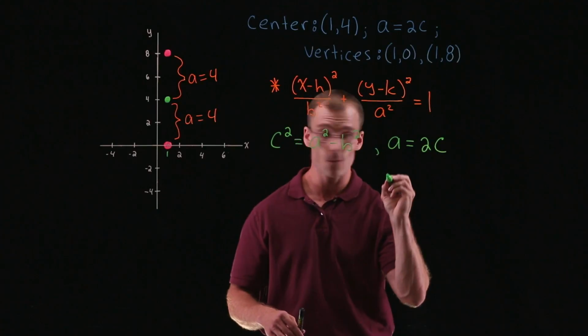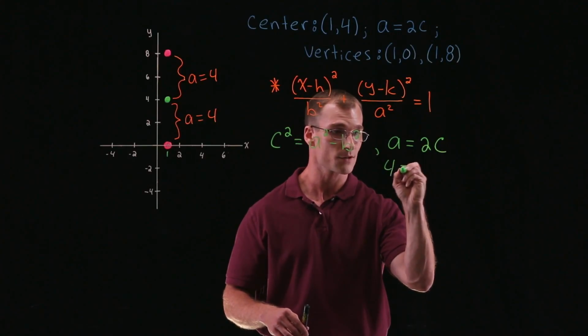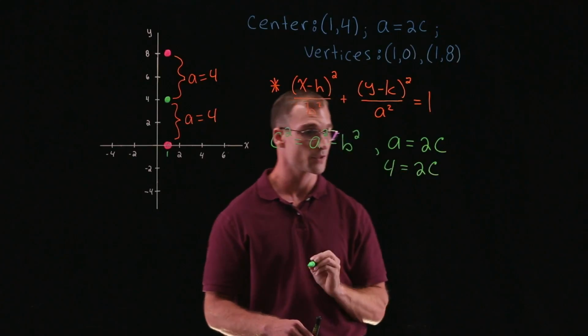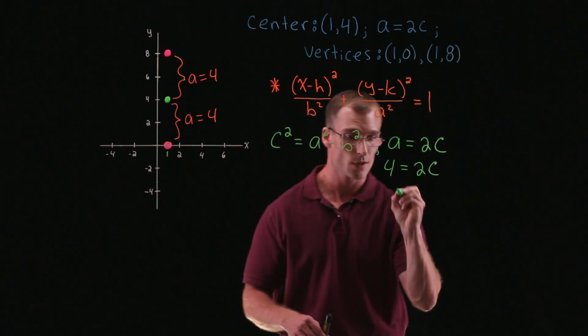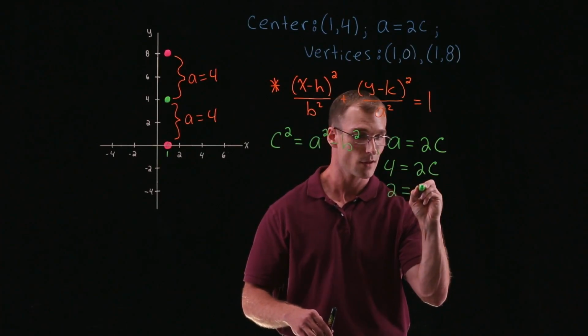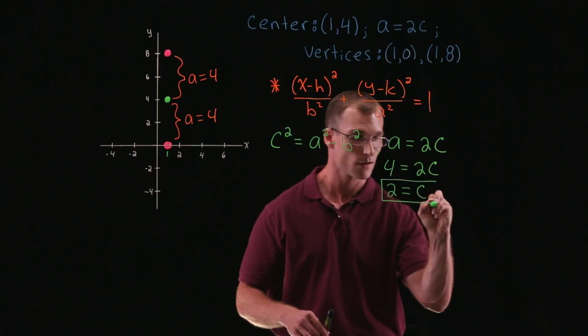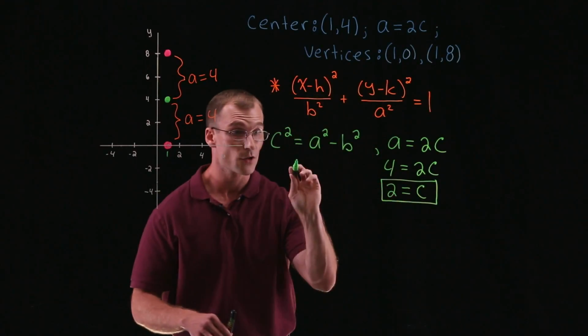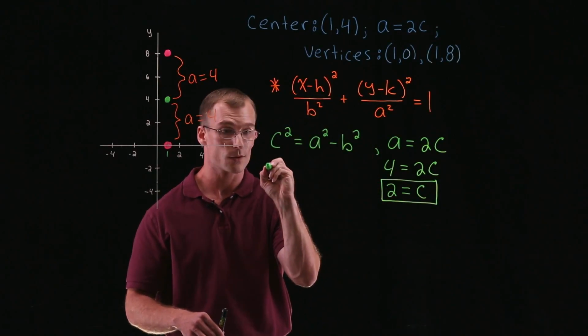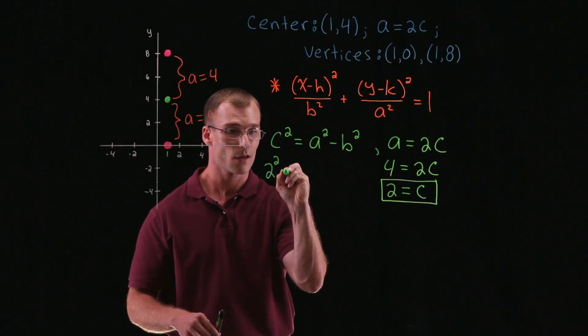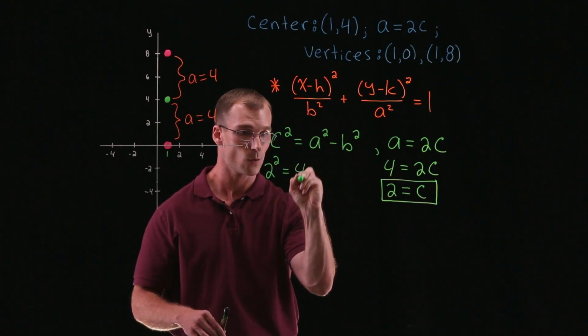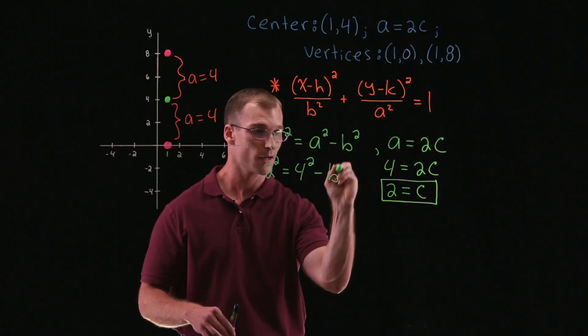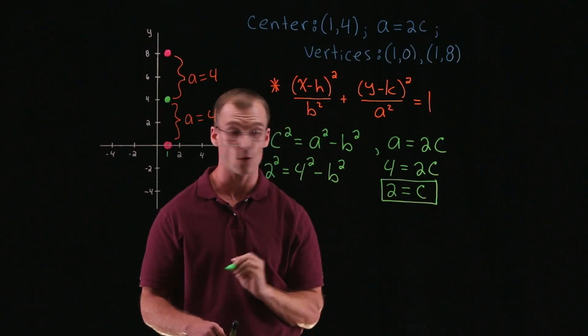So a we know is 4, right, so 4 is equal to 2 times c. And dividing both sides by 2, we get 2 is equal to c. Okay, so coming back over here, c is equal to 2, so we have 2 squared is equal to a squared, or 4 squared, minus b squared. And we'll just go ahead and solve for b.